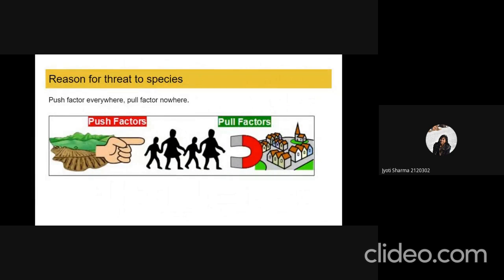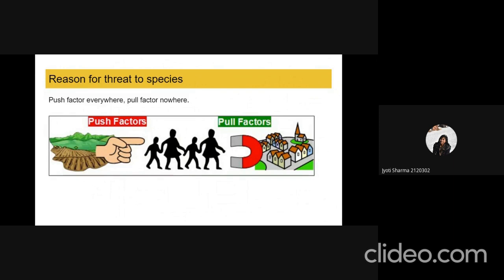then, because we saw the definition of threat, the definition says it is any factor or condition. So what are these factors? We have two factors we have already studied: one is the push factor, and the other one is the pull factor. Okay, so what is the push factor?